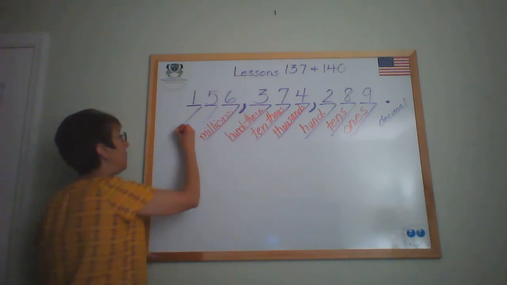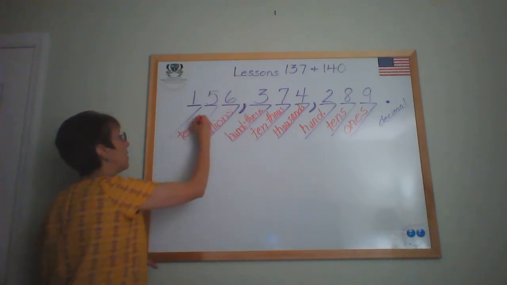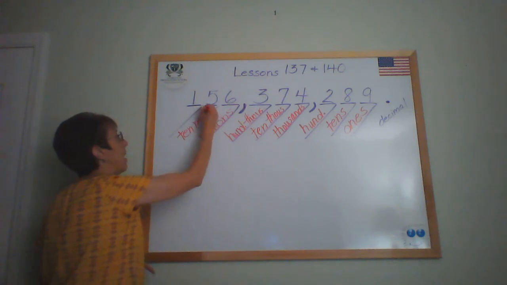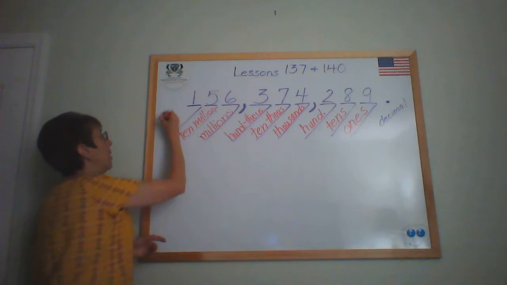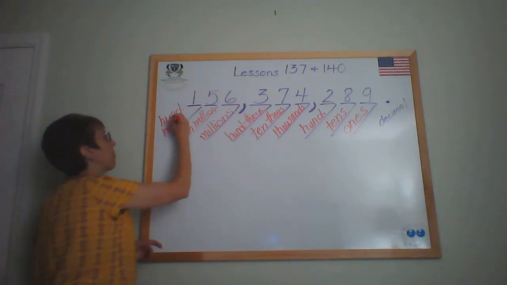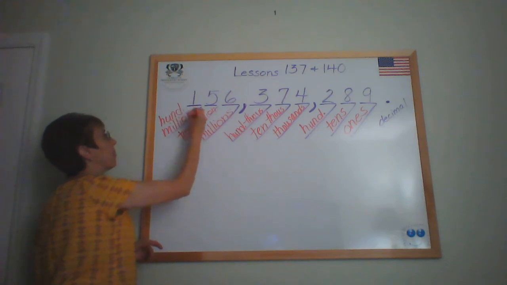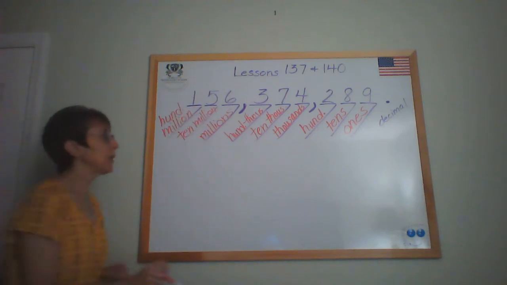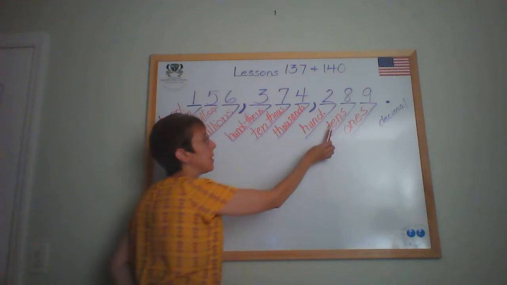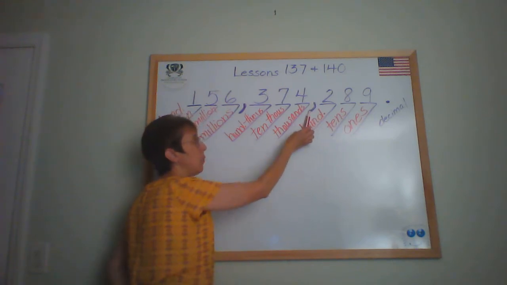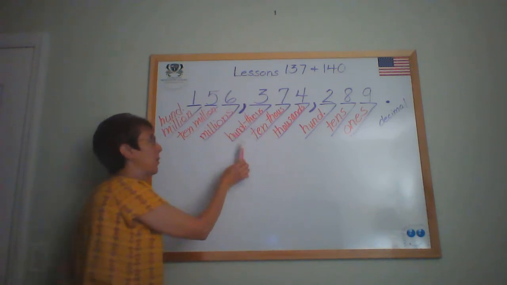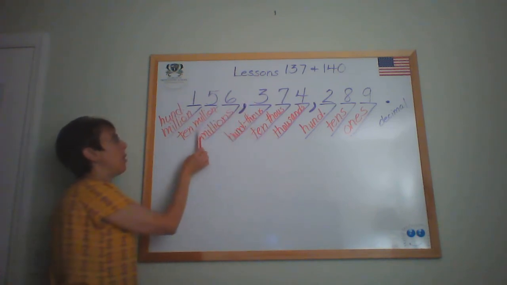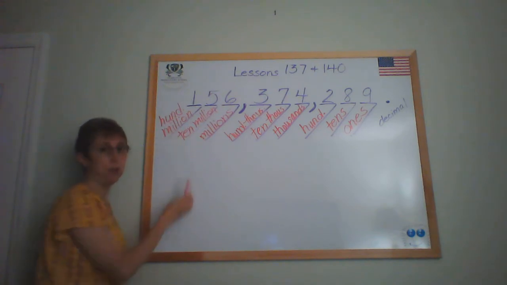You're going to have 10 million. And then after the 10 million, you have 100 million. Alright, so once again, it's ones, tens, hundreds, followed by the comma, and then it's thousands, 10,000s, 100,000s, followed by the comma, millions, 10 millions, 100 millions.